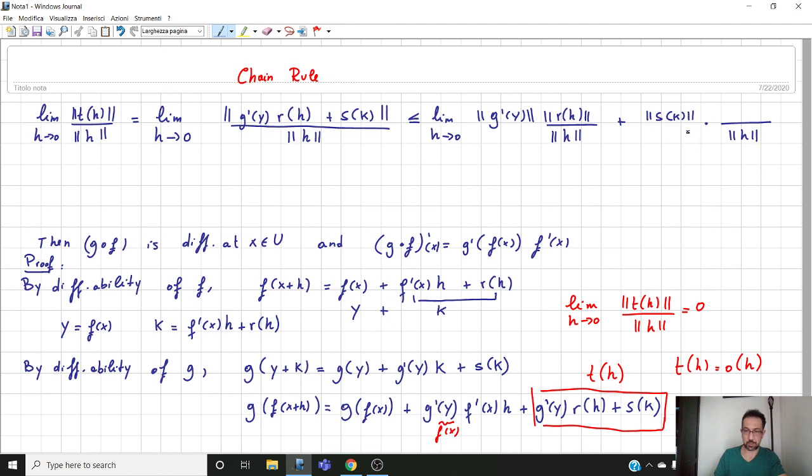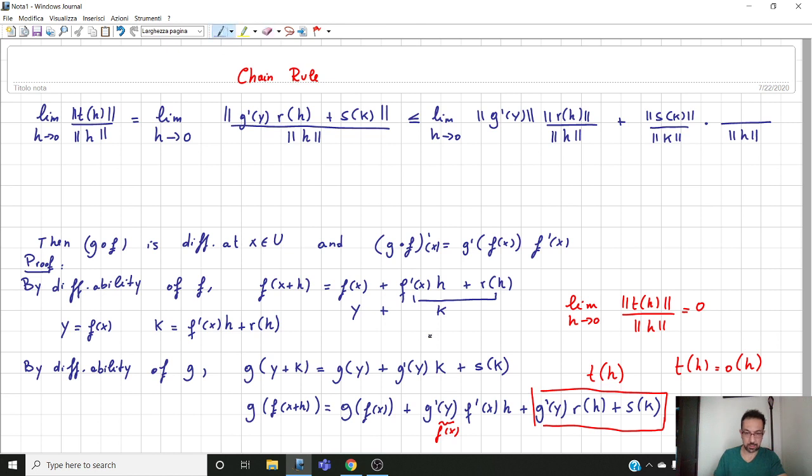Now what we're going to do is multiply and divide by the norm of k. So I'm going to write the norm of k here, and at the top of the numerator the norm of g prime of y times the norm of r of h, plus the norm of s of k.